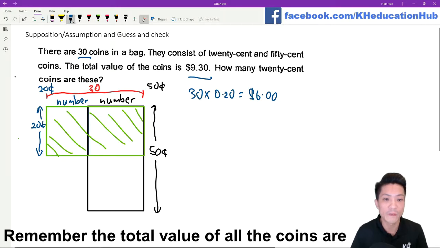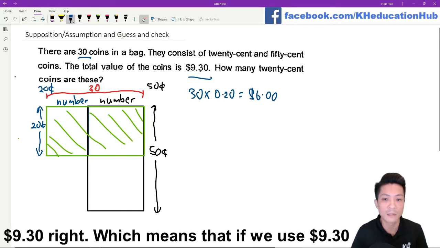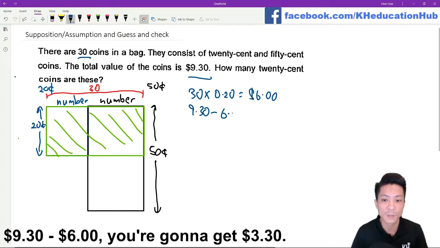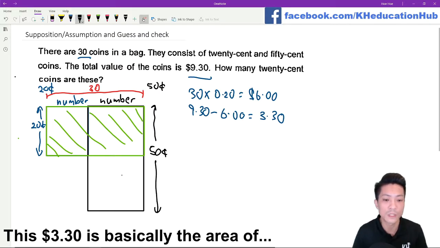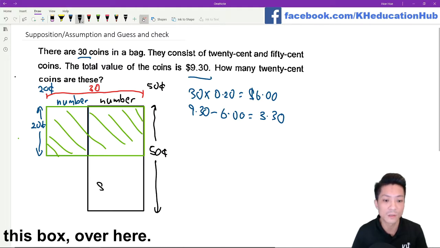Remember, the total value of all the coins is $9.30, right? Which means that if you use $9.30 minus away $6, you're gonna get $3.30. And where is this $3.30? This $3.30 is basically the area of this box over here.